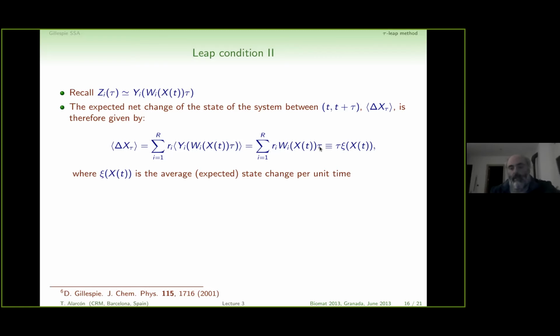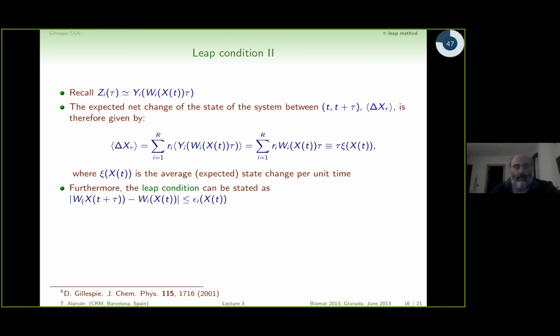Now we take tau as a common factor out of the summation, and we can write this in this way, where this quantity, psi of x, which is basically this quantity here without the tau, is the expected state change per unit time. So that's kind of a rate.